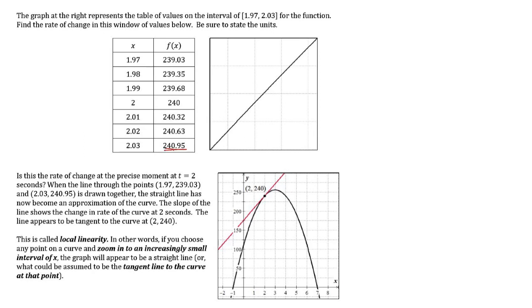So at 2.03, I have 240.95 minus 239.03. And again, that's over 2.03 minus 1.97. So that's going to give us 1.92 over 0.06. And so once again, that gives us 32 feet per second.